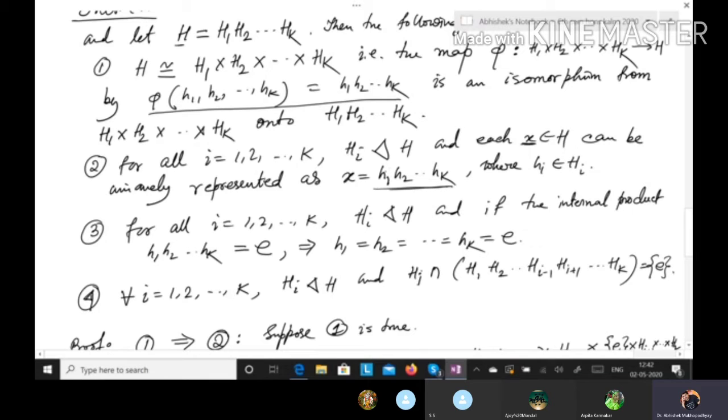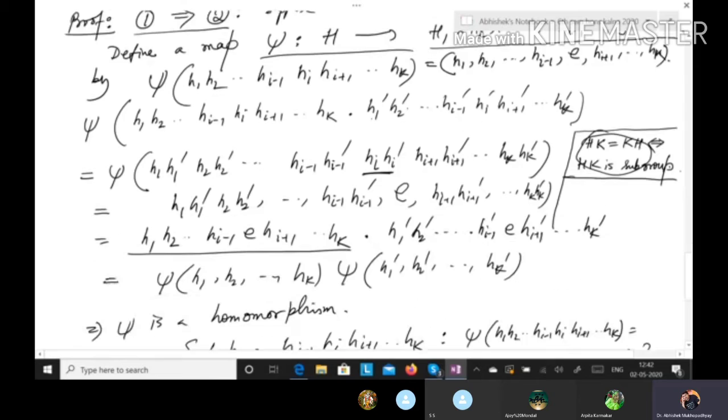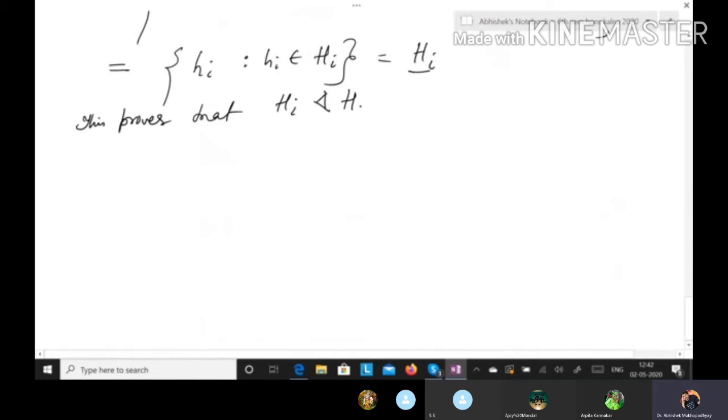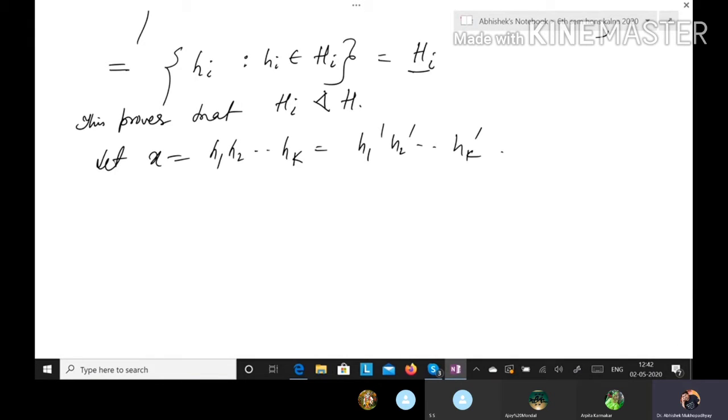Now we need to show that these h1, h2, hk are unique. So let us suppose that this small x has two representations, h1 h2 hk and h1 dash h2 dash hk dash.